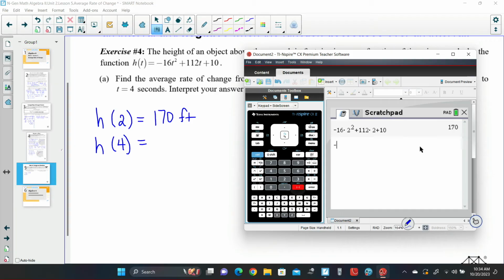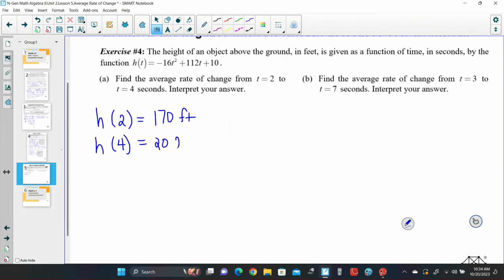Let's figure out my height at 4. All right, so we have negative 16 times 4 squared plus 112 times 4 plus 10, and that's going to be 202. So now I want my change in height divided by my change in time. That's going to be 202 feet minus 170 divided by 4 minus 2.